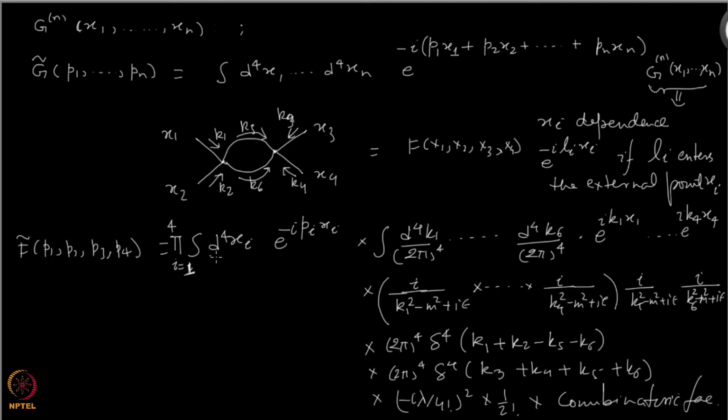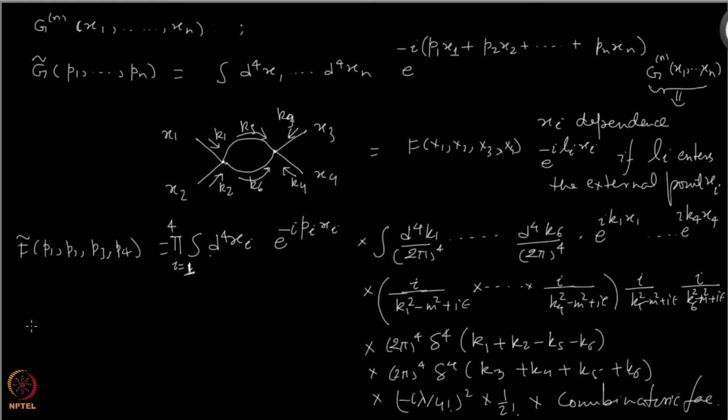So let's do the integral over x1, x2, x3 and x4 for the reasons I was talking about above. Let's say when I am doing the integral over x1, I take this piece and I integrate over x1. I get (2π)^4 δ^4(k1 − p1).